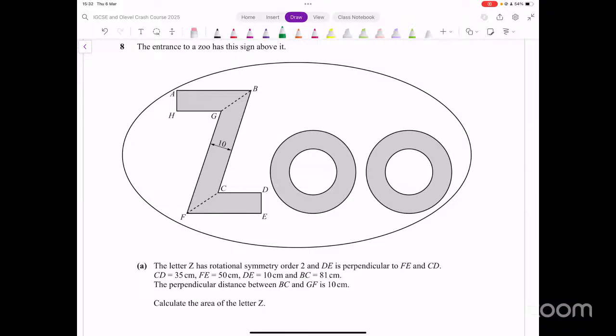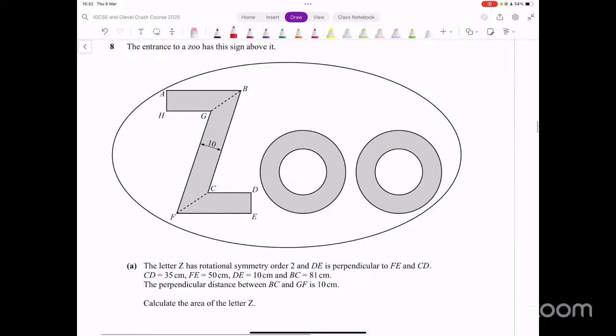Okay. Now, what does that mean? Rotational symmetry of order 2. That means if you were to rotate this letter Z, for example, if you rotate it 90 degrees, this part would come here, right?